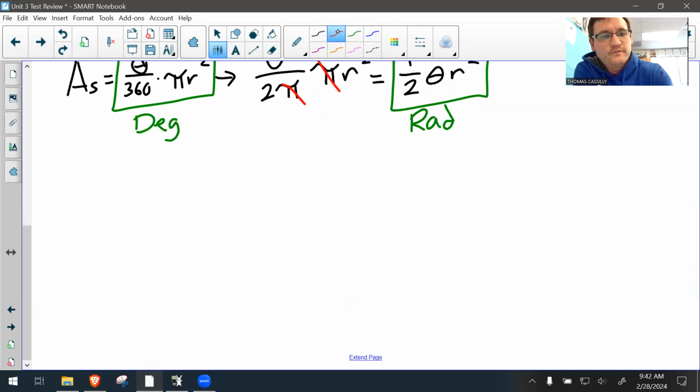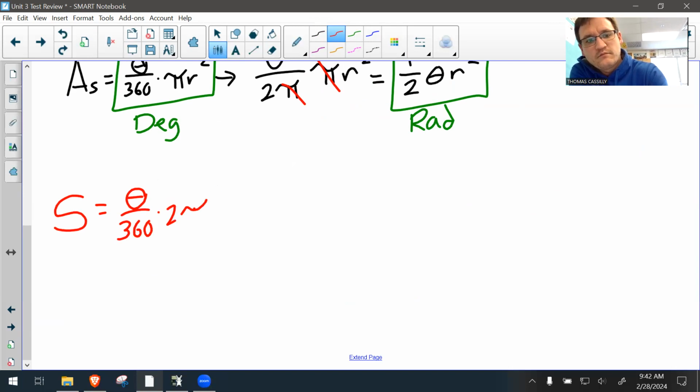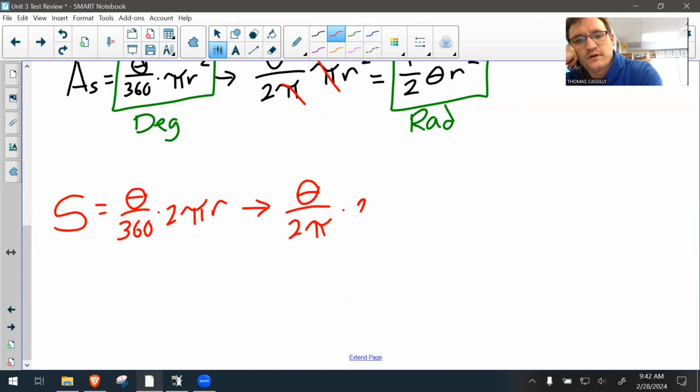If you want the arc length, same idea. S equals theta over 360 times 2 pi r. To convert that, we say theta over 2 pi times 2 pi r. Notice both the 2 pi's cancel out, and we're just left with theta times r.